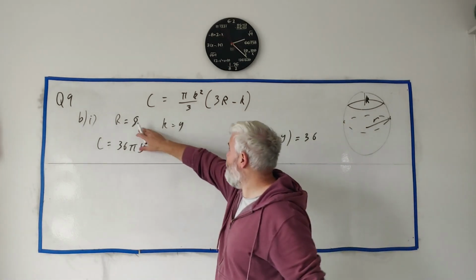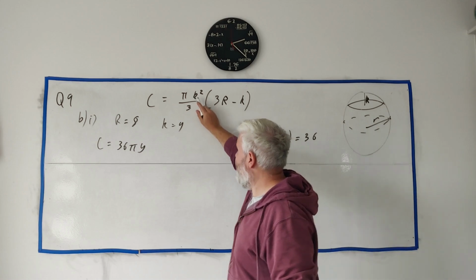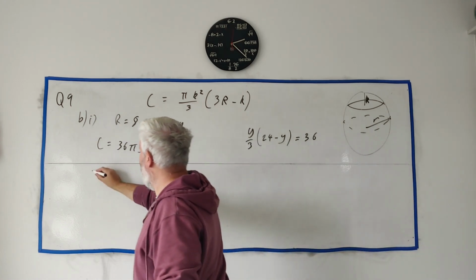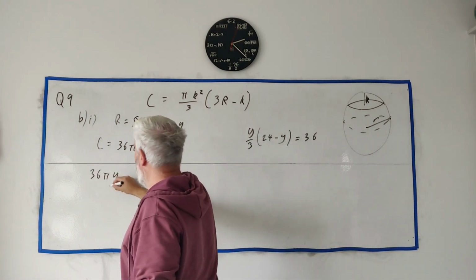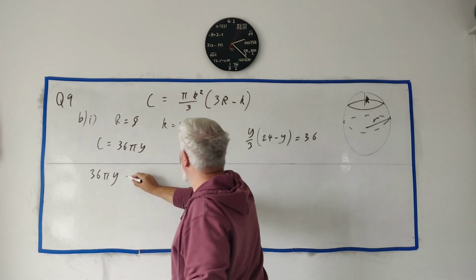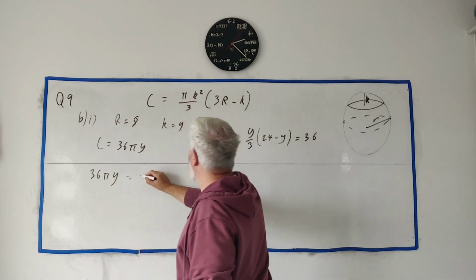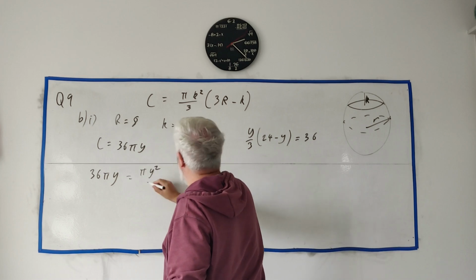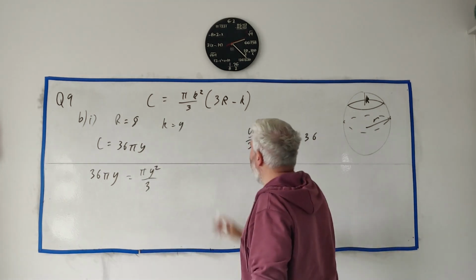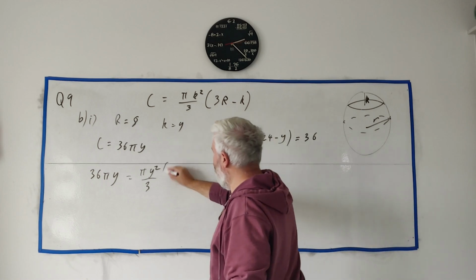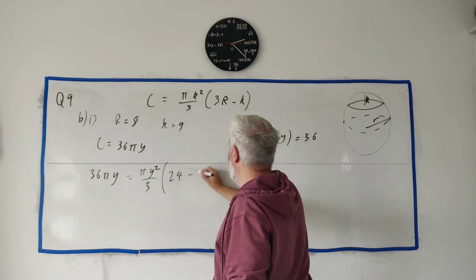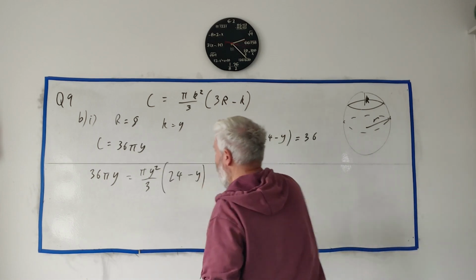We just fill in the numbers they give us. We go up here, instead of c, first of all, we get 36 pi y equals pi. Instead of k, we're putting y in, so pi y squared over 3. 3 is still 3. Instead of r, we're putting in 8, so that becomes 24 minus, instead of k, we get y. We're pretty much there.